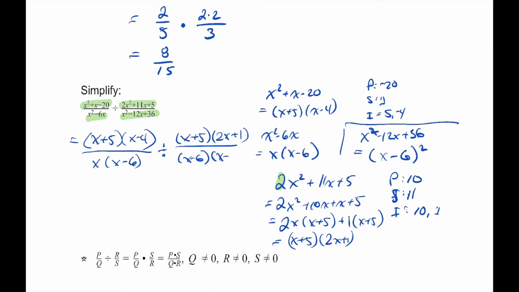And I'm going to write this out in full because I know that I'm probably going to hopefully reduce something like that out. So maybe I'm going to pause right here and think, well, what are my restrictions going to be? Because again, we want to look at my original expression before we simplify. So let's look at the denominators because we know that denominators cannot be 0.